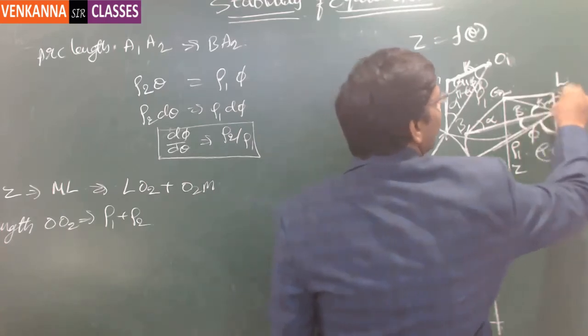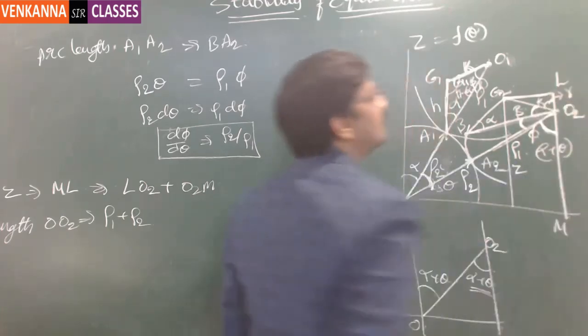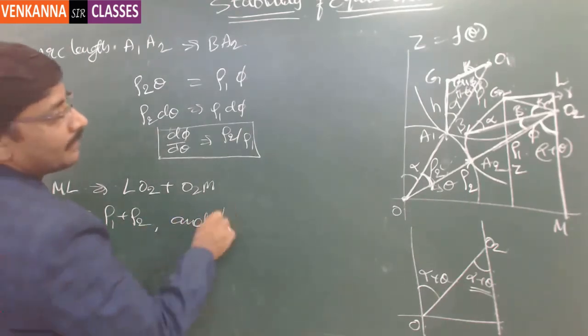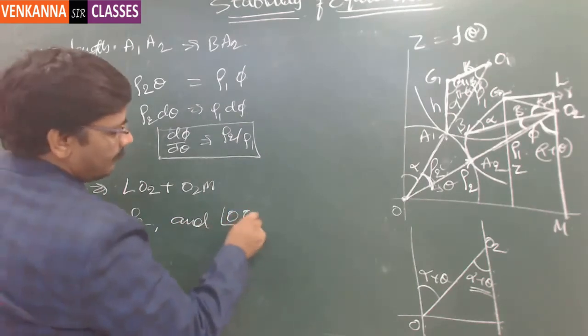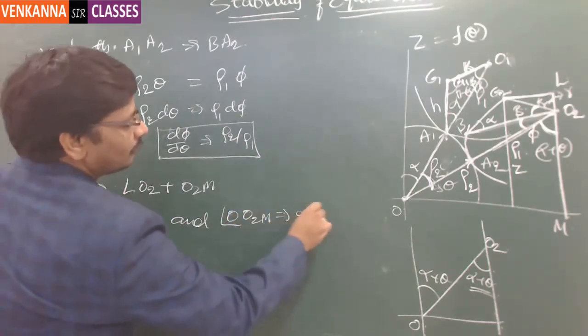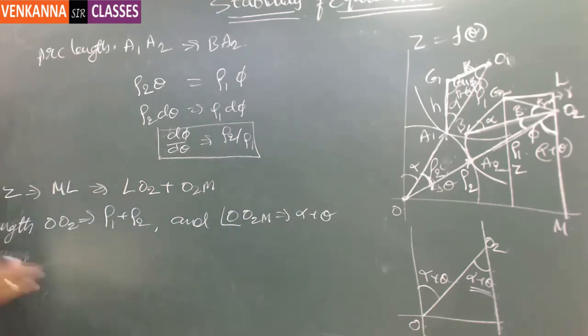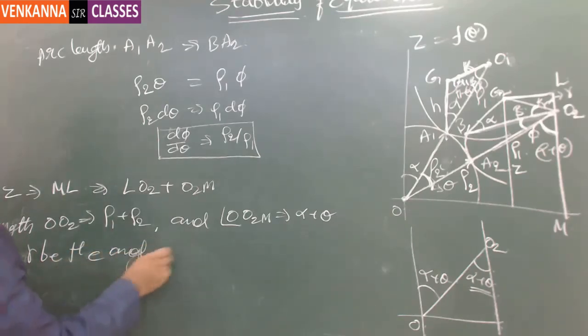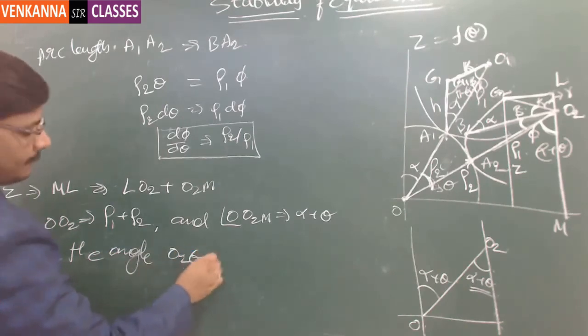I call this angle gamma. Angle OO2M is equal to alpha plus theta. So let gamma be the angle O2G2L.